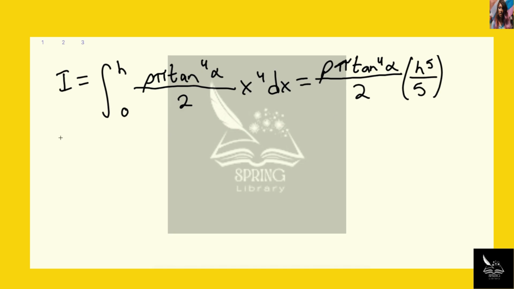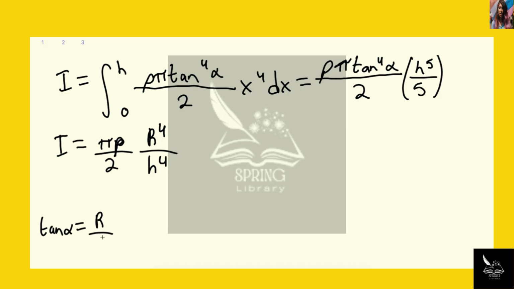And we can say I equals pi rho divided by 2 times r to the fourth over h to the fourth, times h to the fifth over 5, given that tan of alpha equals r over h.